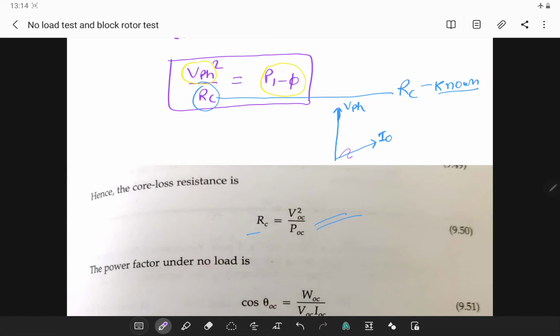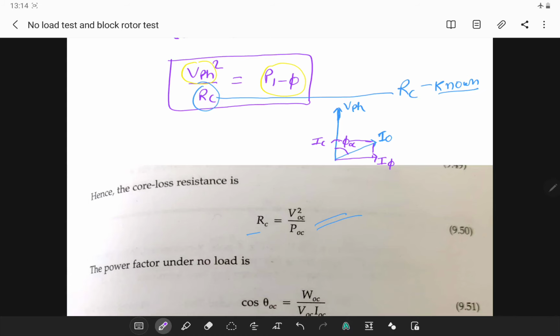One will be on the x-axis, that is 90-degree lagging from phase voltage, that I will name as I phi. This is phi or phi OC, and the in phase component, that is IC, that will give you core loss.